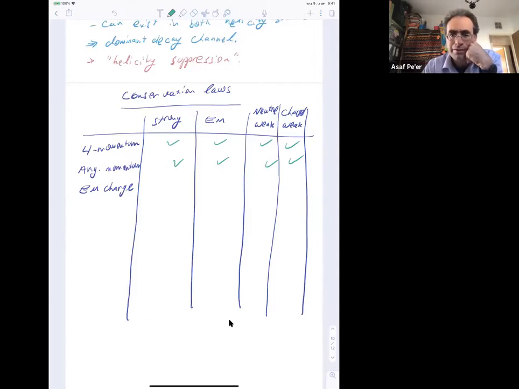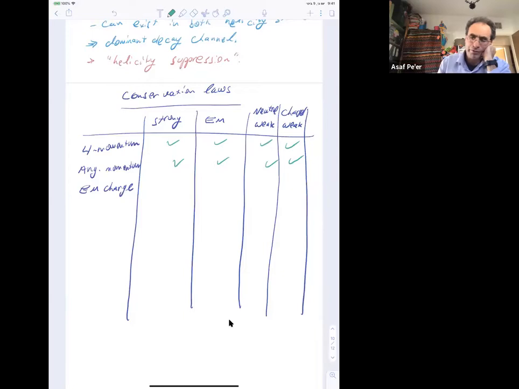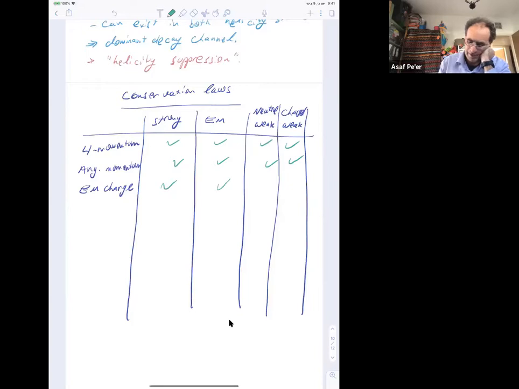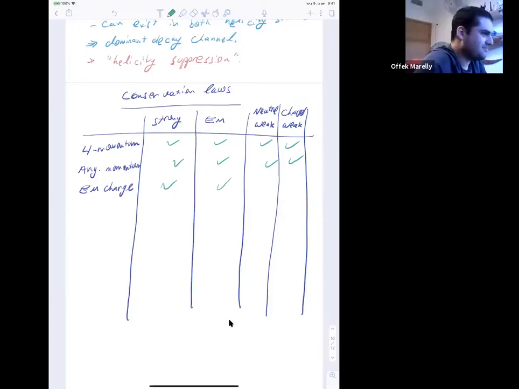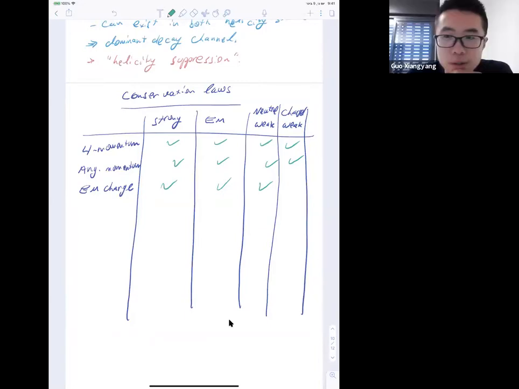Okay, I don't know. What about the electromagnetic charge? Is it conserved by the strong interaction? Yes. What about electromagnetic? Yes. Neutral weak? Yes. Charged weak?